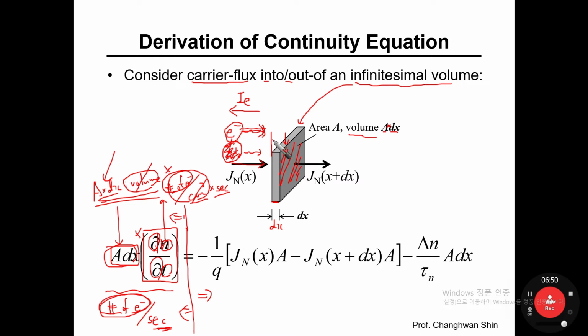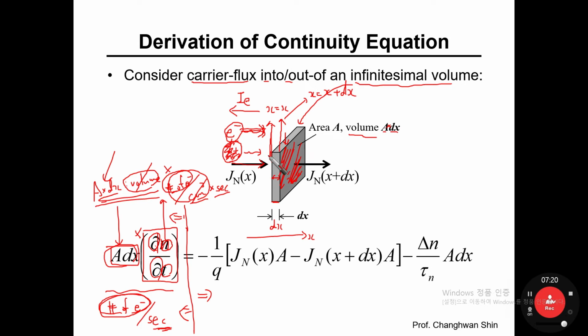Here, the x-axis indicates the physical distance, and the left-hand side here is x. The surface where the electron is moving away is x equals x plus dx, because we have defined that the side length of this infinitesimal volume is dx, a very small variation of x.